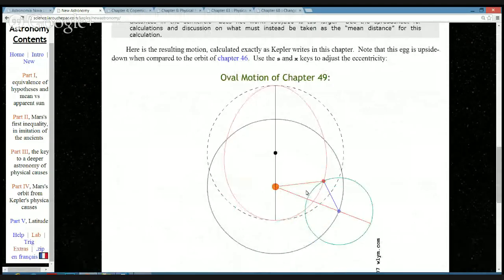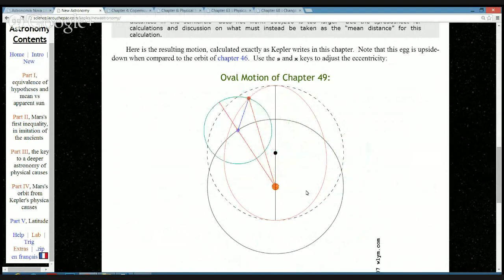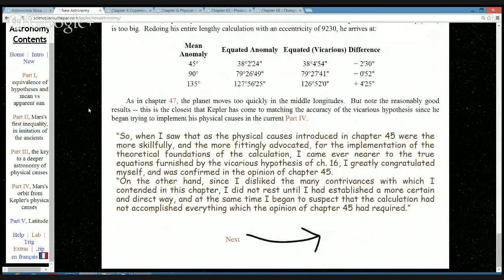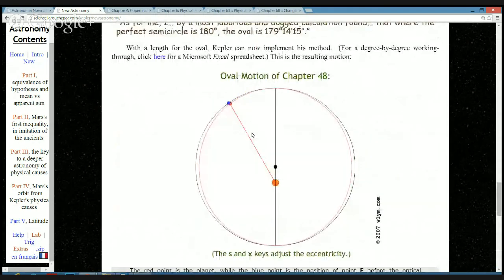And he comes up with, I'll show a picture of this, different kinds of shapes. Kepler didn't draw these shapes, but knowing what he did, we can look back at them and see what they look like, based on his different ways of trying to implement this hypothesis of his.